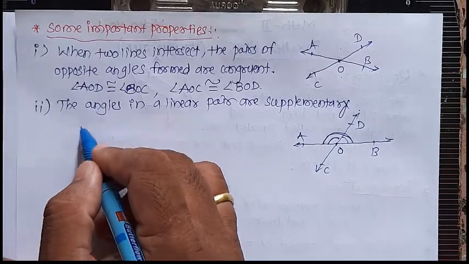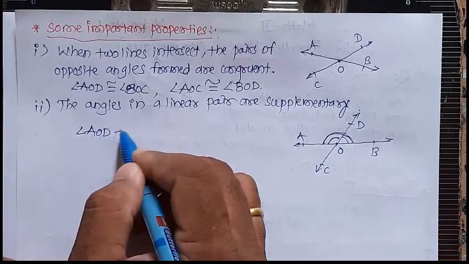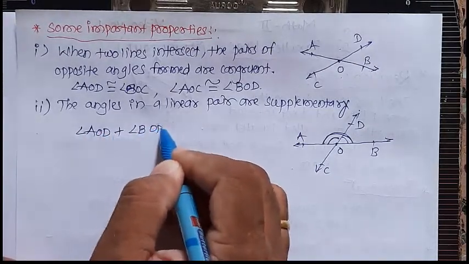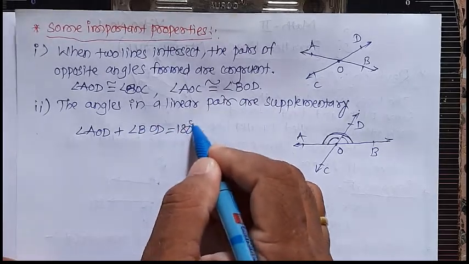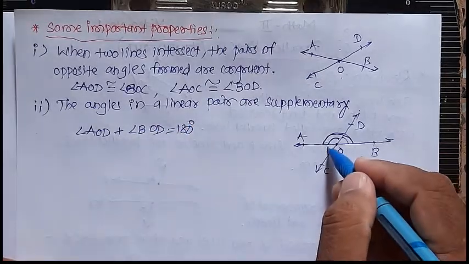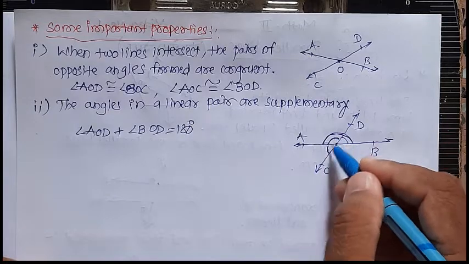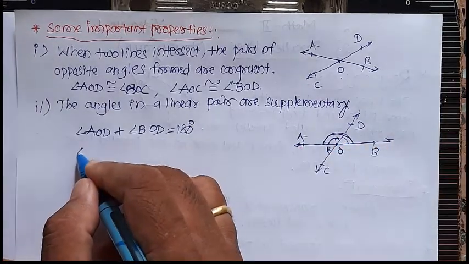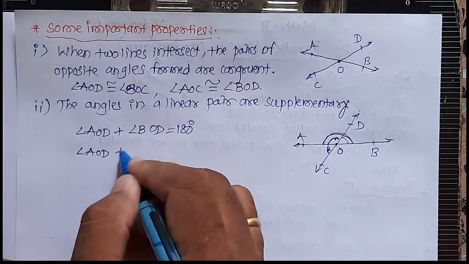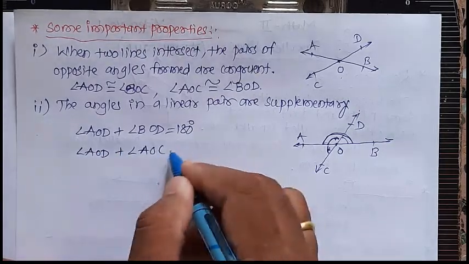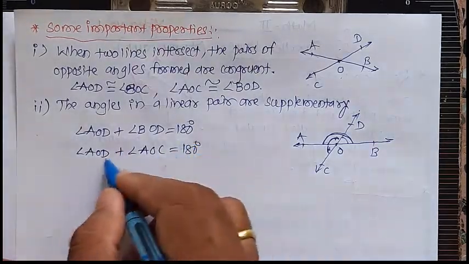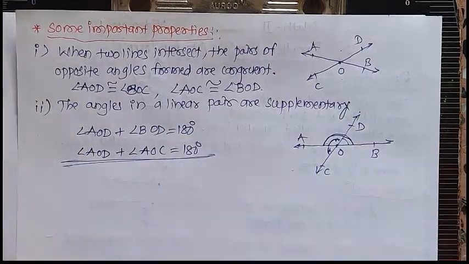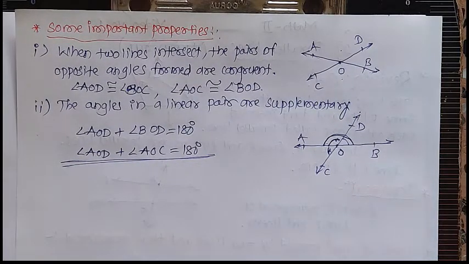Write the first pair: angle AOD plus angle BOD is equal to 180 degrees. And these two angles are also in a linear pair: angle AOD plus angle AOC, also 180 degrees. So angles in a linear pair are supplementary.